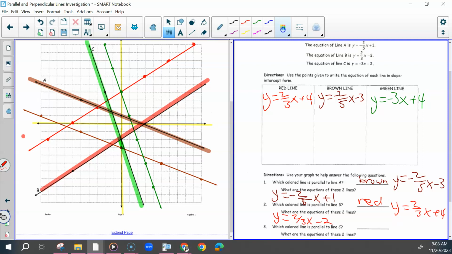And then by default, the only one left is the green, but we can see that they're going in the same direction. They don't intersect. They look like this. So green for line C, and then for those two equations.